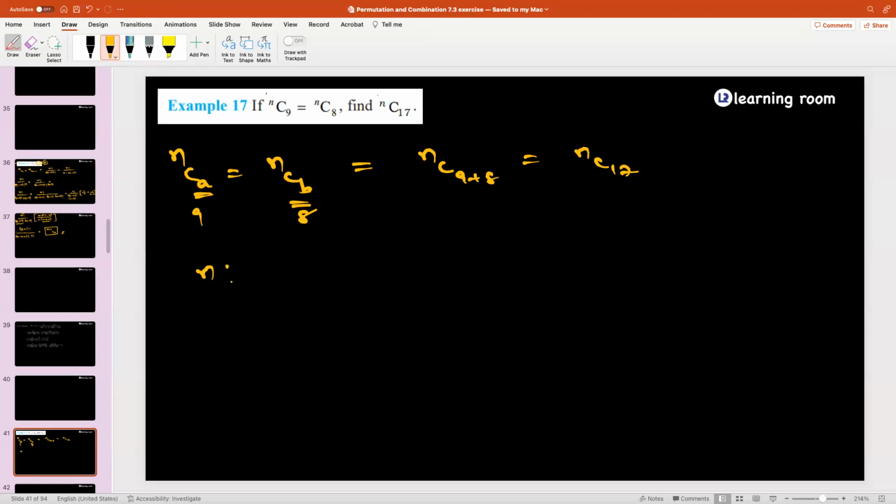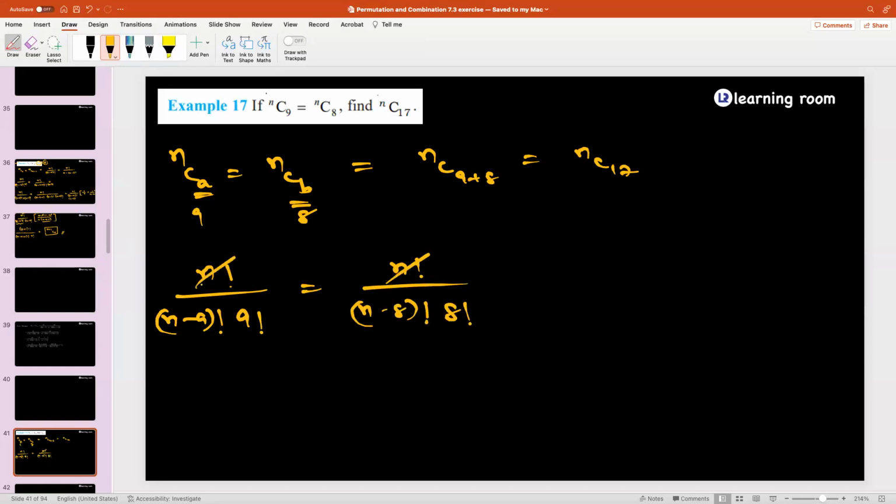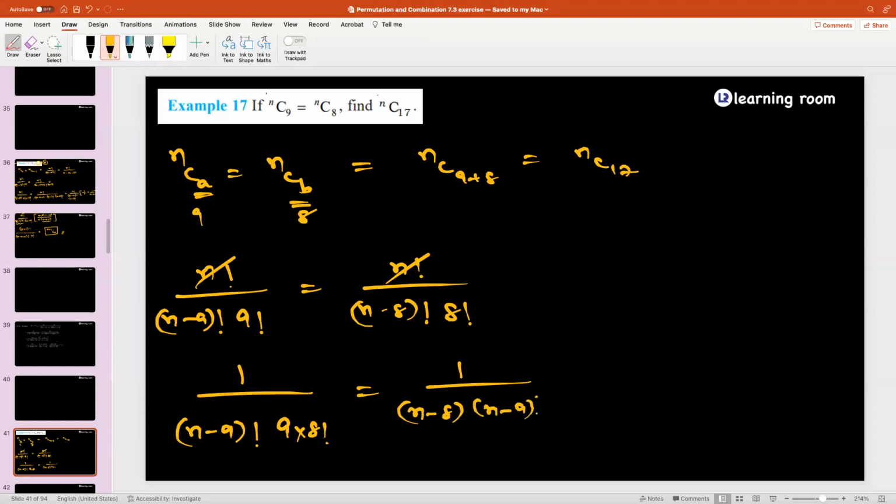So n factorial by n minus 9 factorial into 9 factorial is equal to n factorial by n minus 8 factorial into 8 factorial. So n factorial and n factorial will get cancelled. 1 divided by n minus 9 factorial is left as it is, into 9 factorial, I can write it as 9 into 8 factorial, is equal to 1 divided by n minus 8 factorial, which can be written as n minus 8 into n minus 9 factorial into 8 factorial.